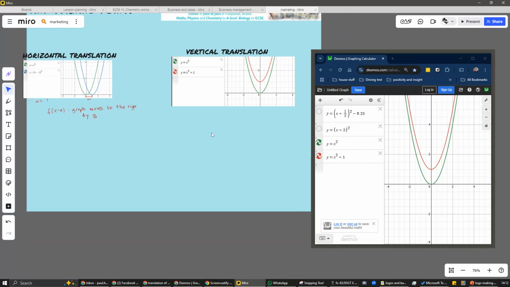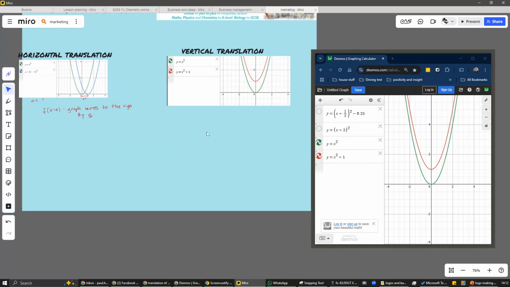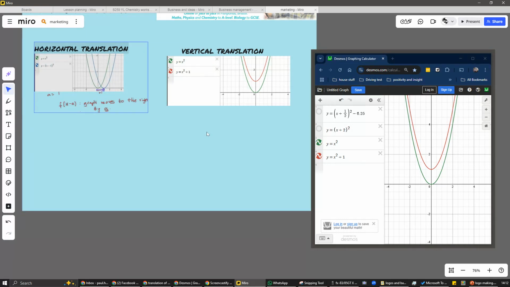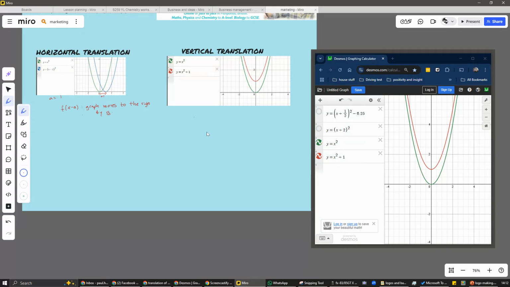So what we've got here is f of x, and when I say plus b, the graph moves up by b.